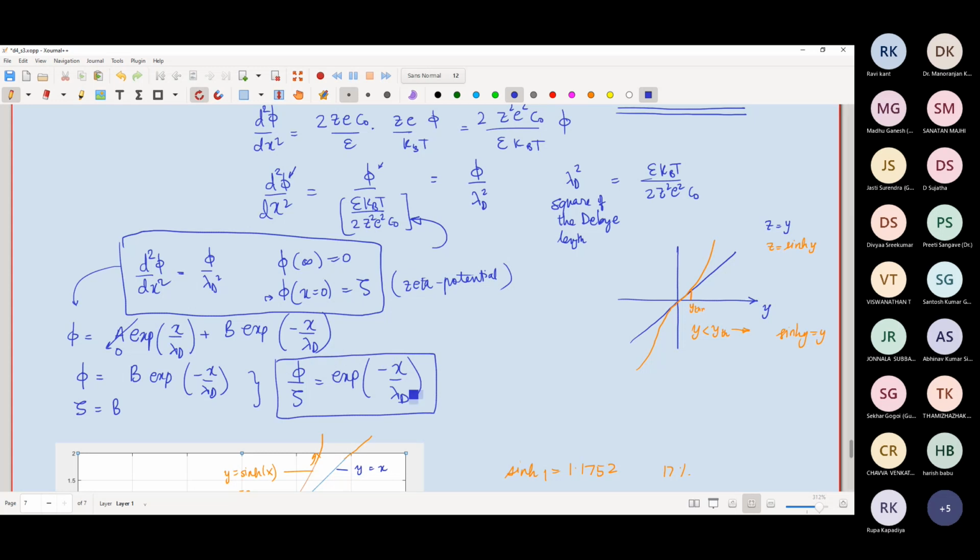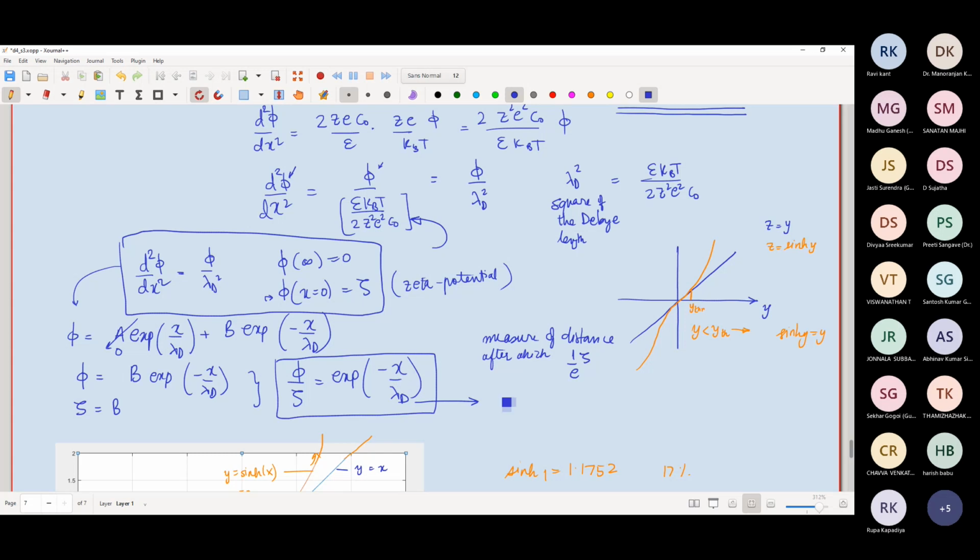Now this also helps us to interpret what this λD is. It is like the measure of the distance after which the potential will become 1 over e times the potential at the wall, meaning ζ.